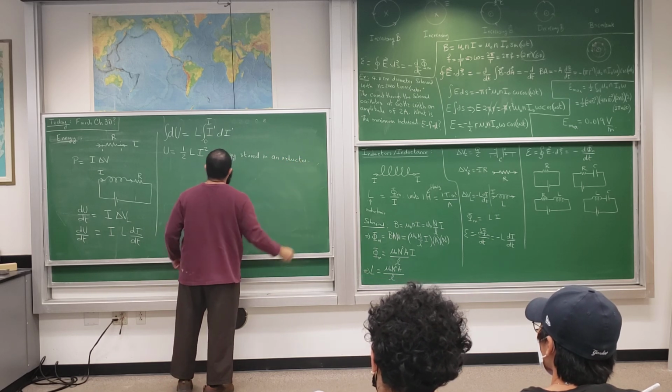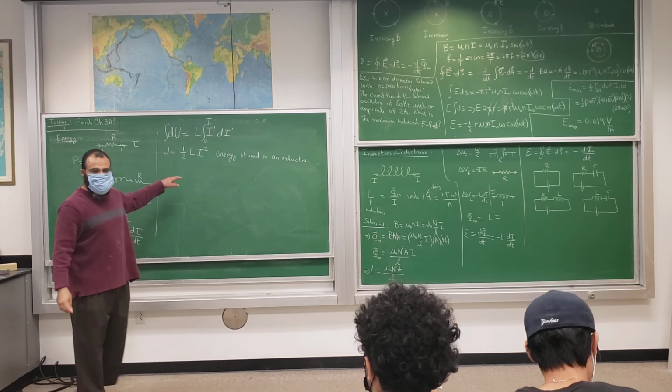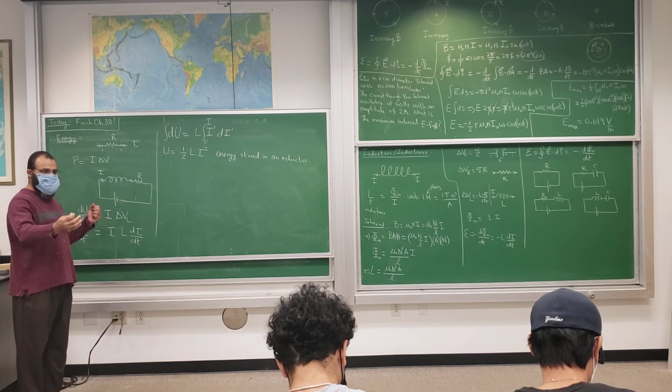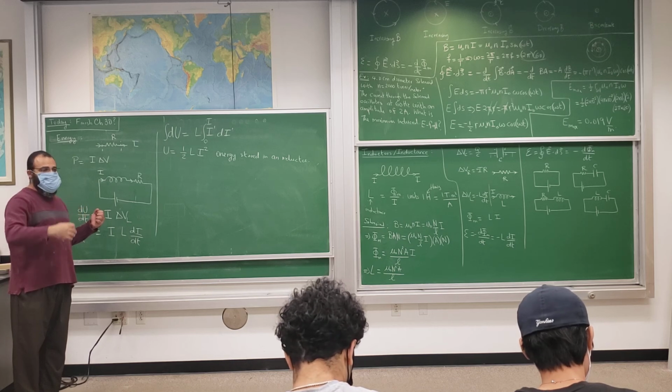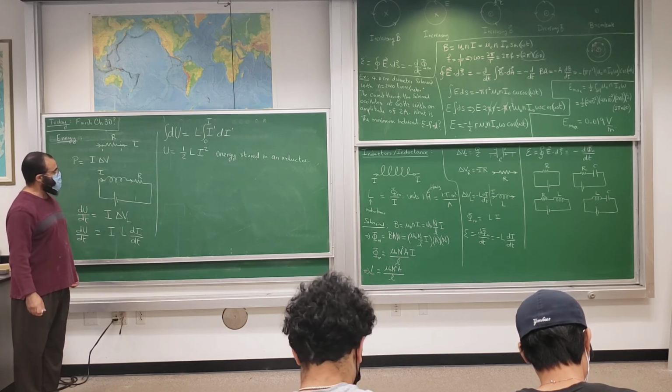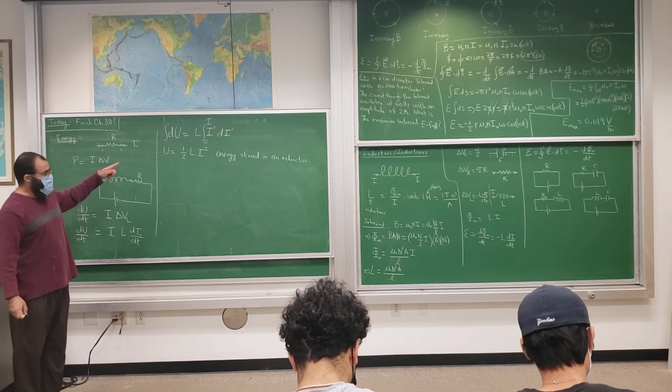You get that energy back, we'll do a circuit on this one. When you disconnect the battery and connect only the resistor and the inductor, you will start to have that energy back. So that is the energy.